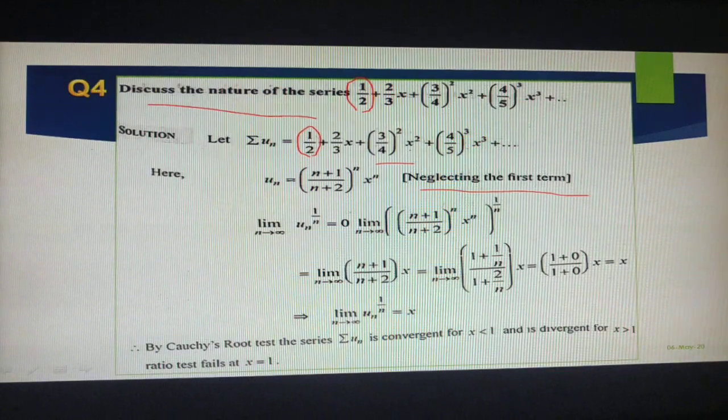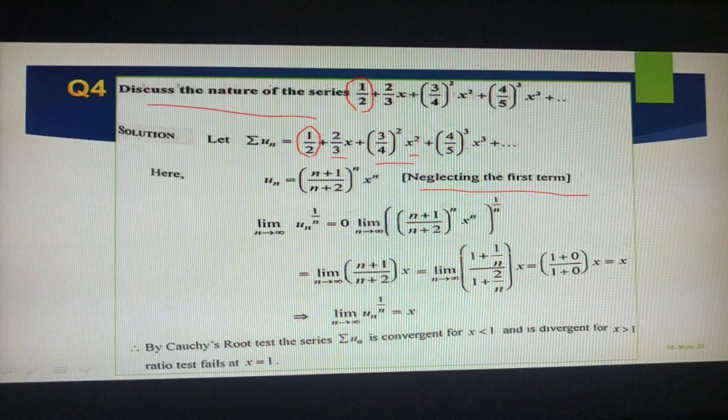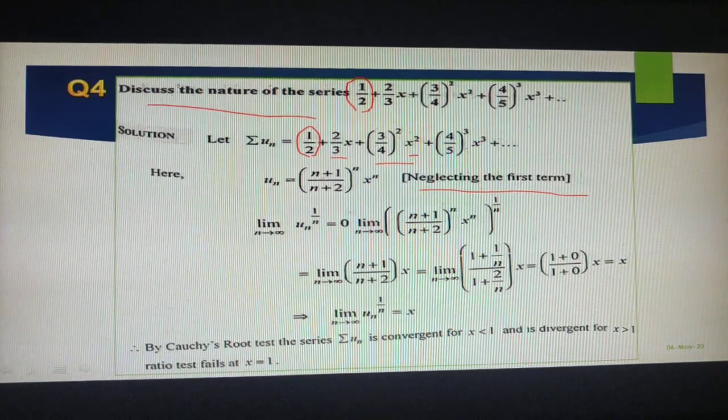Suppose if n equal to 2 gives this, then here it is 3, which should be n plus 1, and this is 4, which should be n plus 2, right?